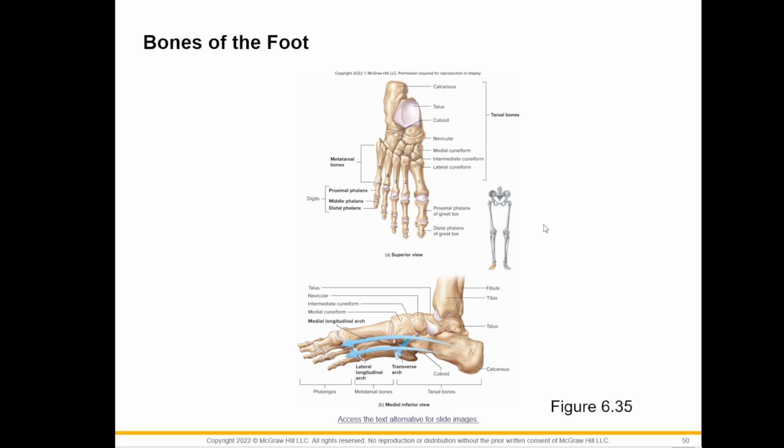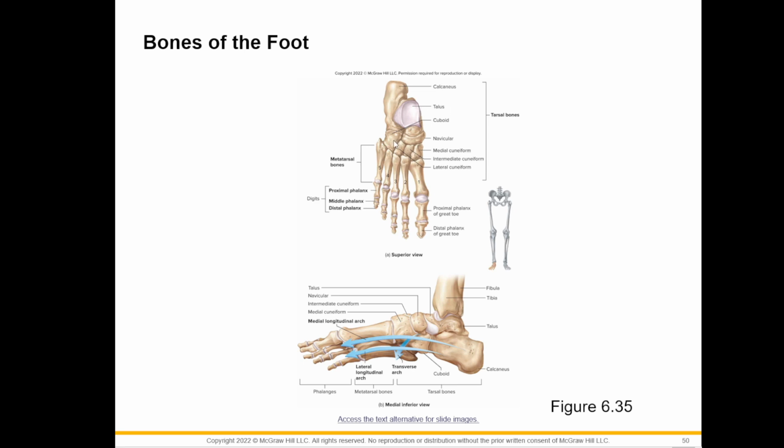When it comes to the foot, you have your ankle bones, which is your calcaneus, your talus, cuboid, navicular, then your cuneiforms, which is medial, intermediate, and lateral cuneiform. Those are your tarsal bones. This is 1, 2, 3, 4, 5, 6, 7. 7 tarsal bones.